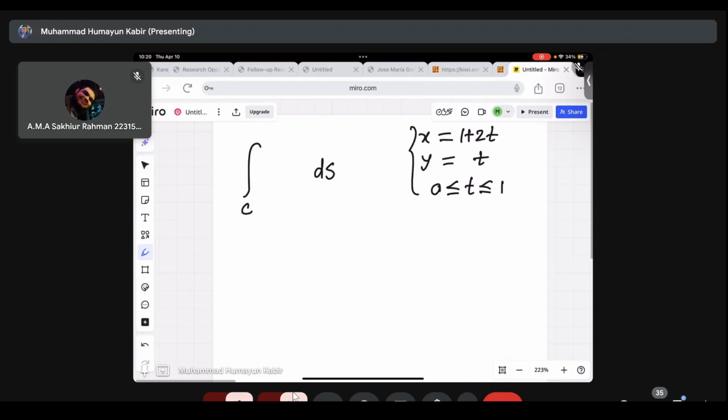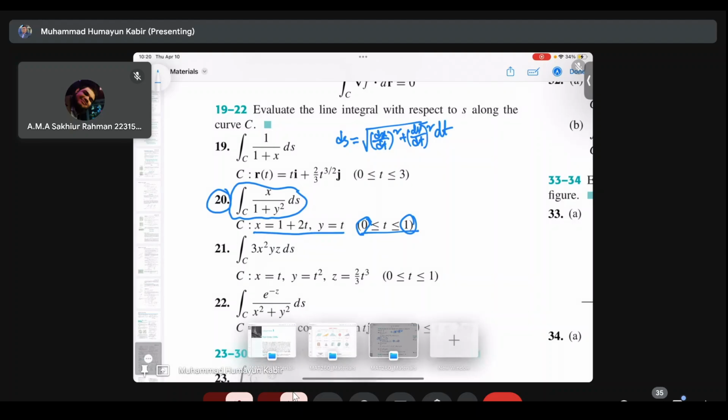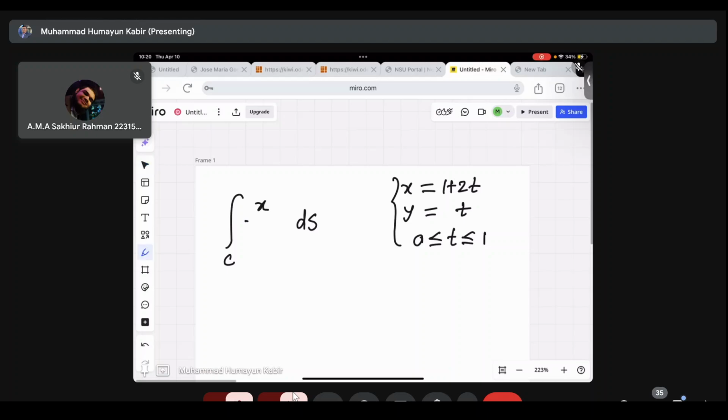These are the parametric equations, and the function is x over 1 plus y square. So x should be replaced by 1 plus 2t, and y should be replaced by t square.